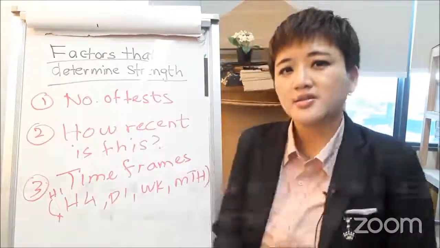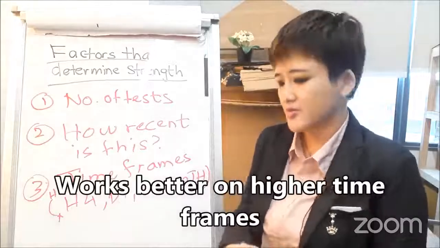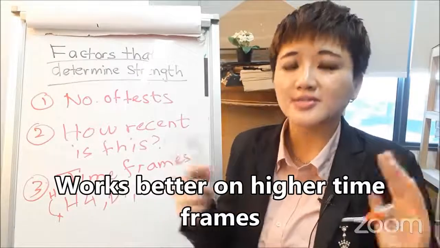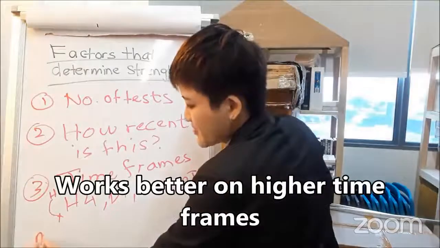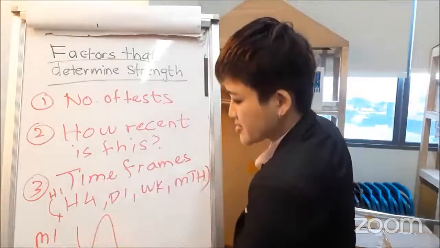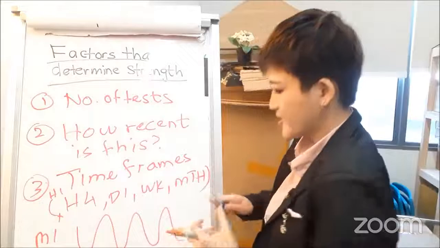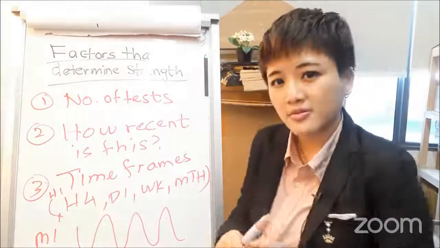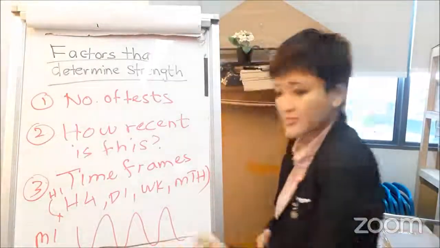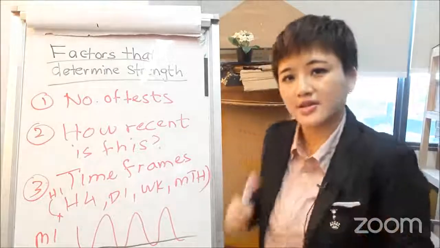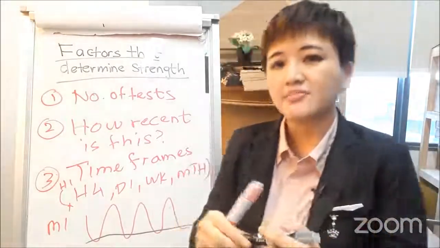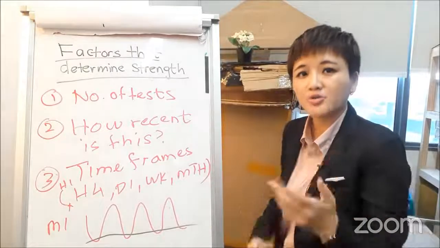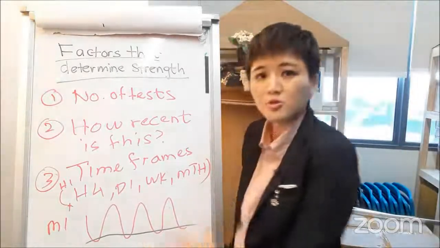And the second thing is that on the smaller time frames, support resistance is not that significant in the big picture. Let's say you look at the 1 minute time frame and the price goes like this, tests a support again and again. It looks strong in the minute time frame. But if you zoom out to the hourly time frame, what will this look like?